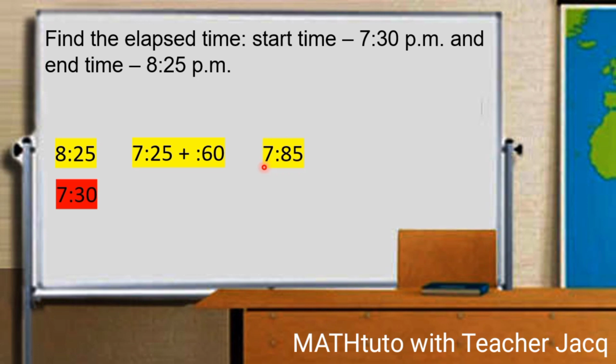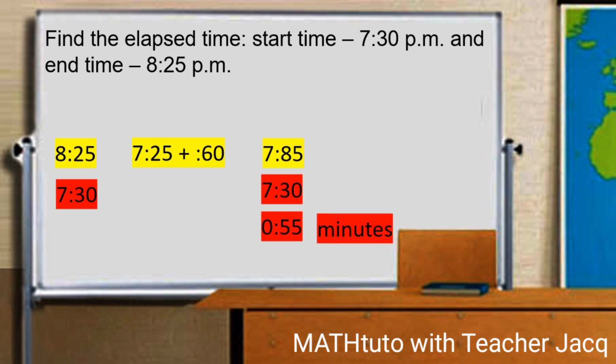Kaya meron tayong 7 hours and 85 minutes. So, subtract na ngayon natin si 7:30. So, pwede na tayong mag-subtract kasi mas mataas na yung digits sa upper kaysa dito sa lower. So, 5 minus 0 is 5, and 8 minus 3 is 5, and 7 minus 7 is 0. So, yung sagot ay 55 minutes.